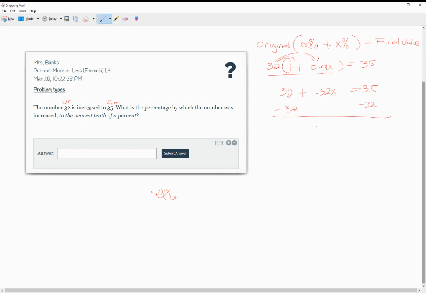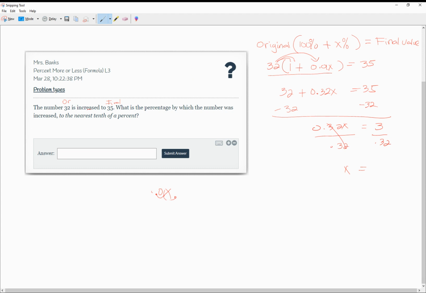So therefore you have 0.32x equals 3. To find x, you divide both sides by 0.32, so x equals 3 divided by 0.32.